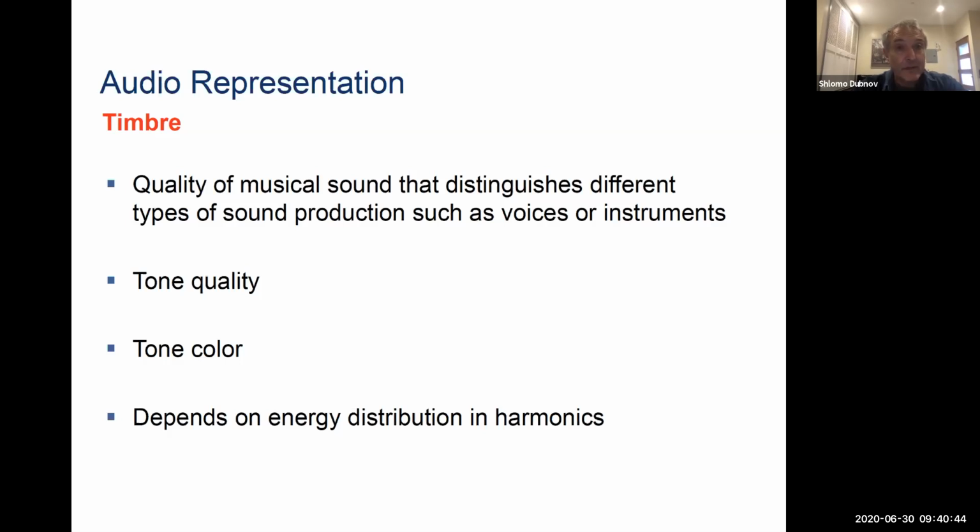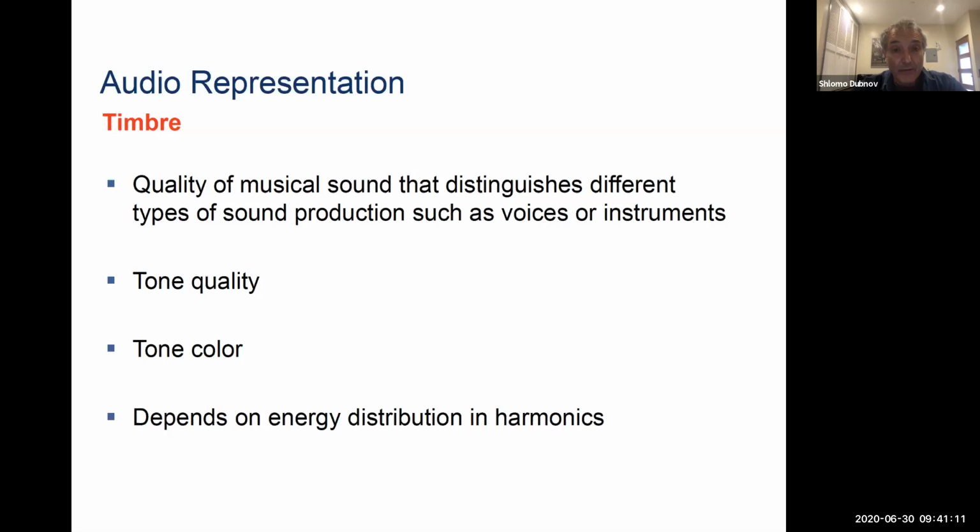So audio representation, one concept that is common in music, really just the definition of the word timbre. Timbre is a word that represents the quality of the musical sound. Some people call it sound color, but the idea is that it's something about the sound that allows you to recognize or distinguish different types of sound production, such as voices or instruments.